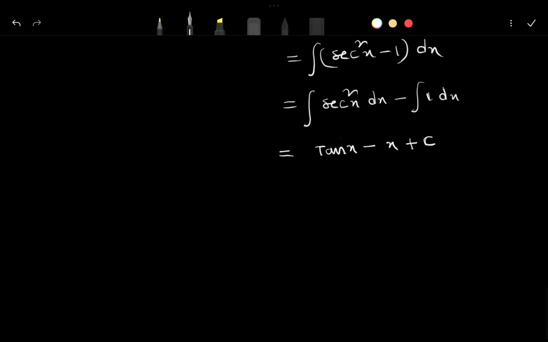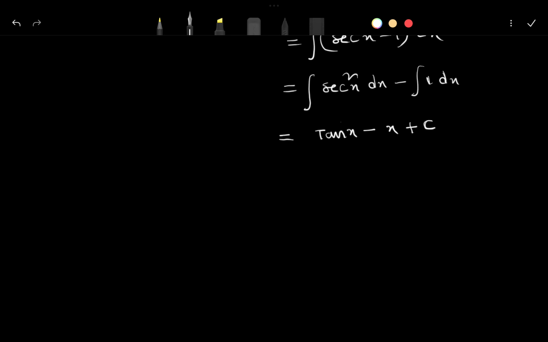Okay, next one more question will be discussed here. The second one will be the integration of 1 by 1 minus cos 2x into dx. How do we simplify this value?